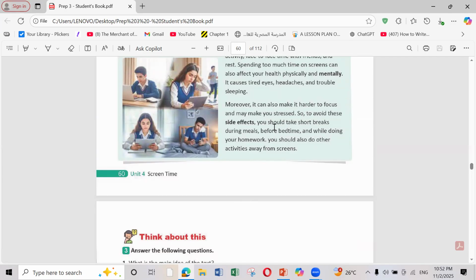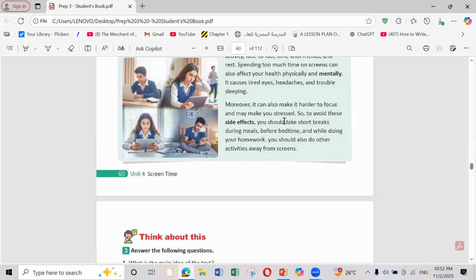Is it because we have to stay healthy or avoid looking at screens for a long time, or to protect ourselves from the side effects as it mentioned here in the passage? When you look at the last lines here, you should also do other activities away from screens.